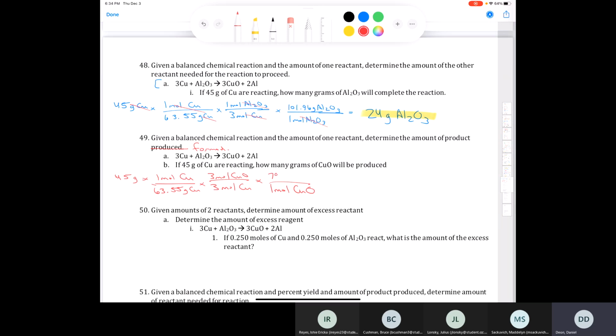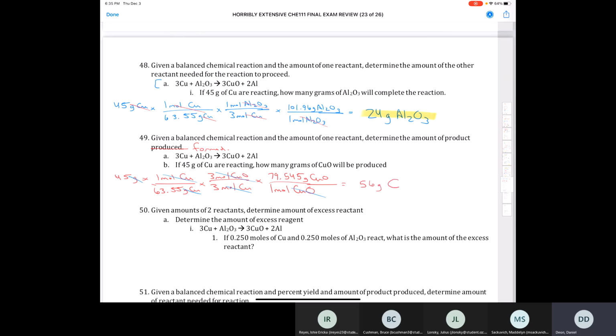It's 79.545 grams of copper 2 oxide. Double check our units. Grams of copper cancel, moles of copper cancel, moles of copper 2 oxide cancel, and we're left over with mass of copper 2 oxide, and that gives us 56 grams of copper 2 oxide that is formed in that reaction.